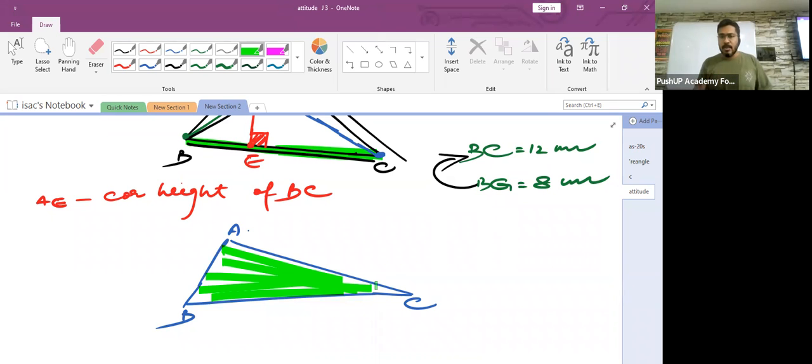Children, always remember, for a particular triangle, no matter whichever formula you use, or whichever base and corresponding height you use, the area of the triangle always remains the same. Are you getting it, children? It always remains the same.